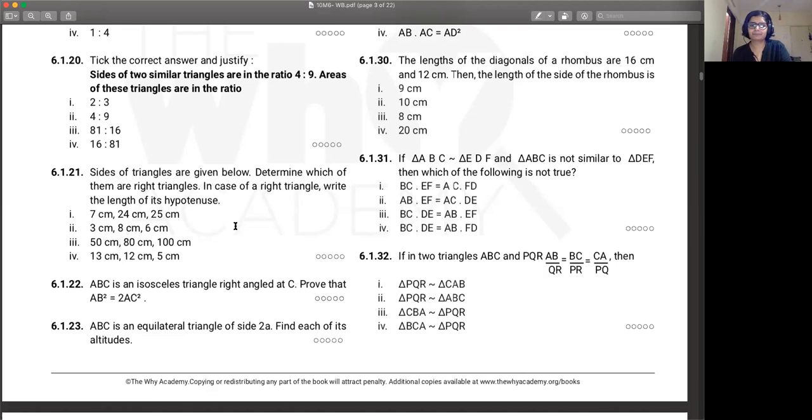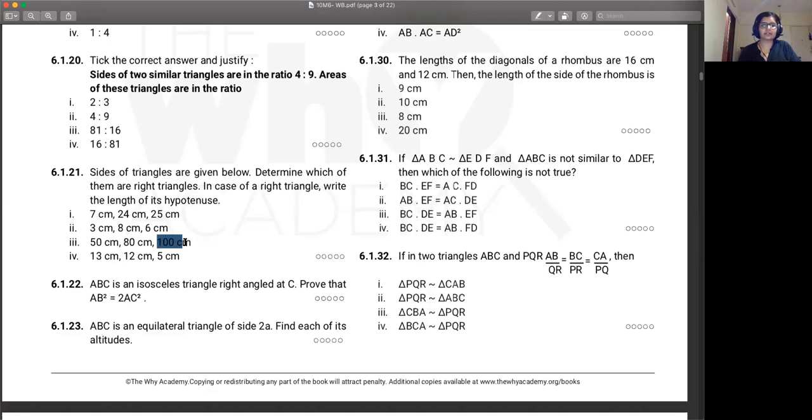Ma'am, in question number 21, is there some easy trick in an MCQ in the exam to identify this? Take the biggest side, like if you have 50, 80, 100, the longest side should be the hypotenuse.